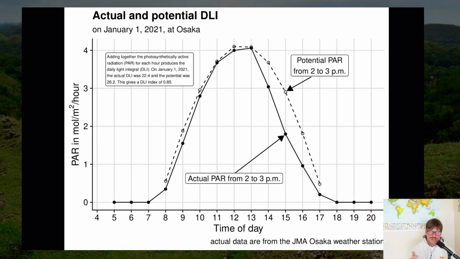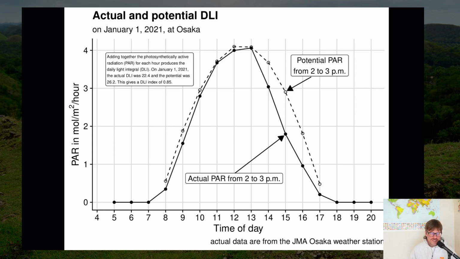Growth potential is on a scale of 0 to 1, or if you prefer, from 0% up to 100%. That's how growth potential works. And if you take your actual DLI and divide it by your potential DLI, then you also get something that is on a scale of 0 to 1, or if you prefer, on a scale of 0 to 100%.